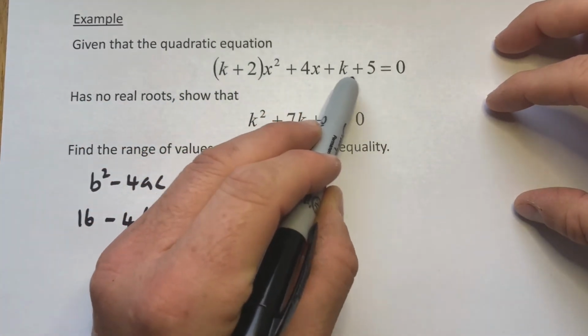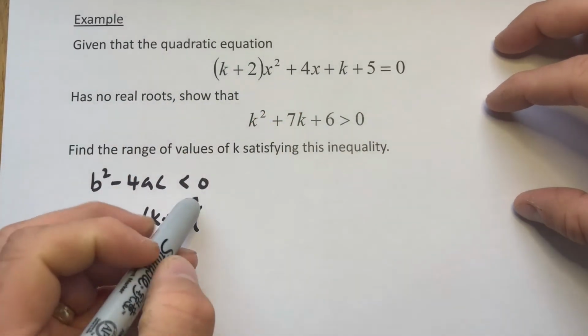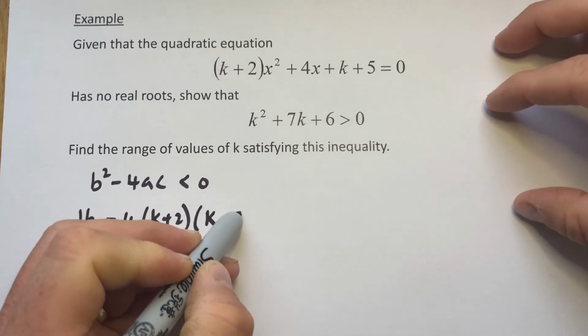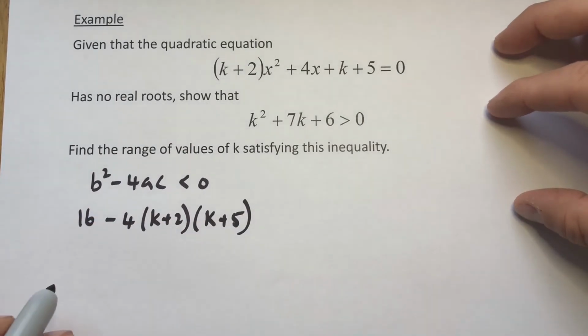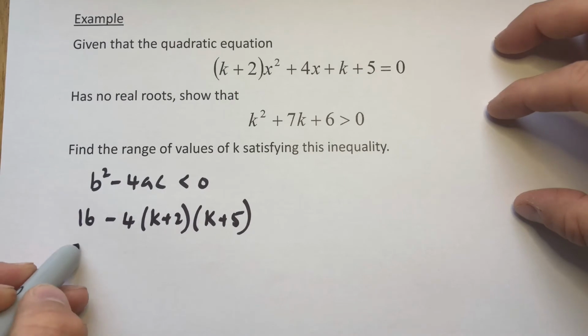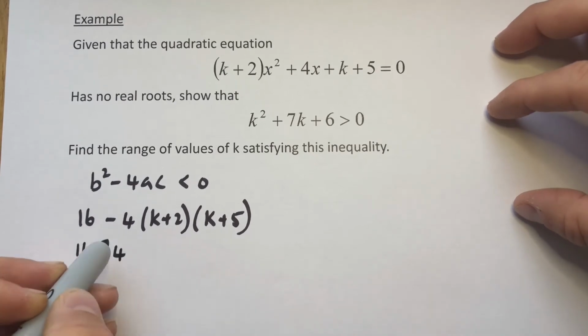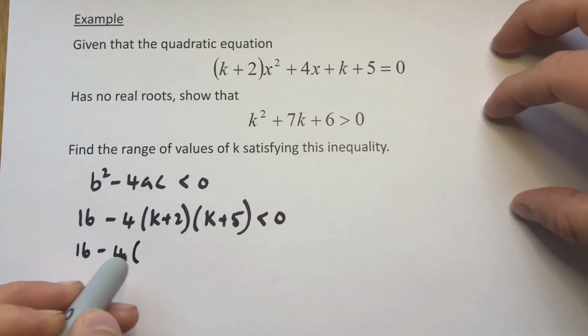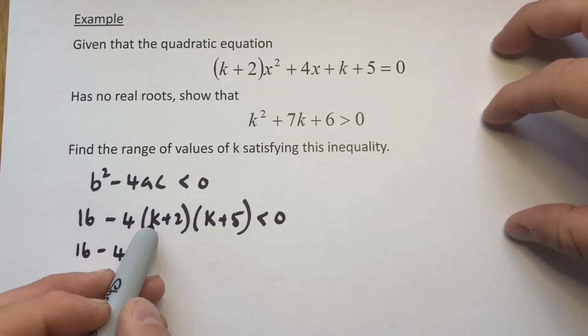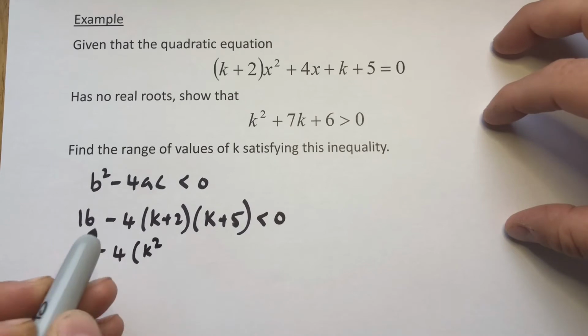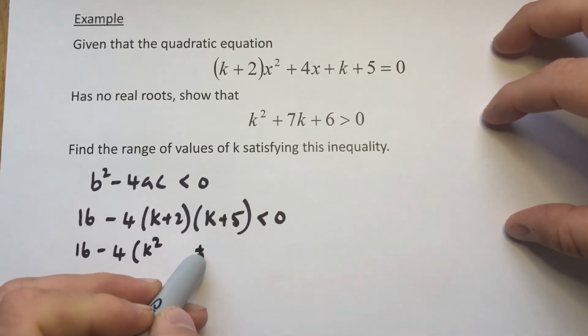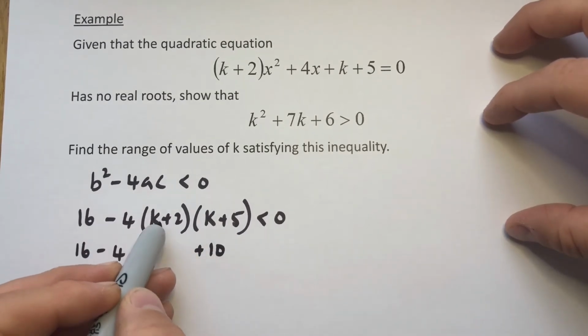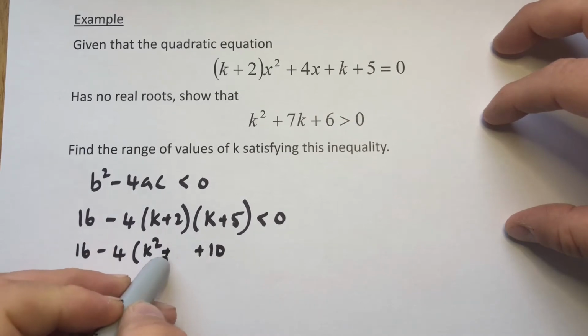Now c is the constant, which is those two quantities there. If we remove the bracket but leave the 4 outside, then we have k squared plus 10, 2k, 5k, so we've got 7k.